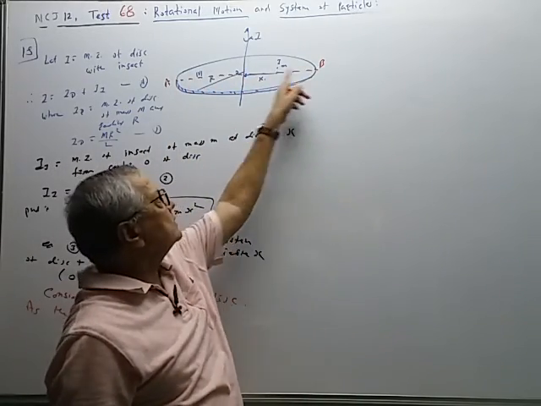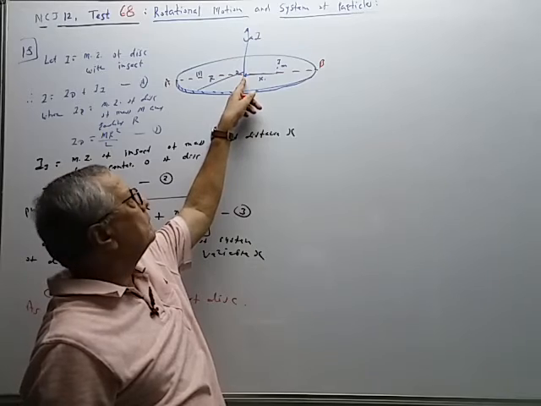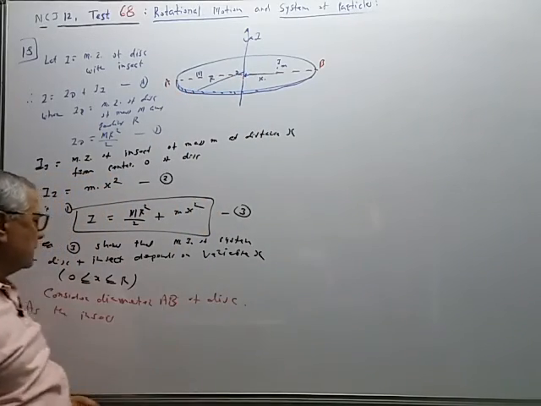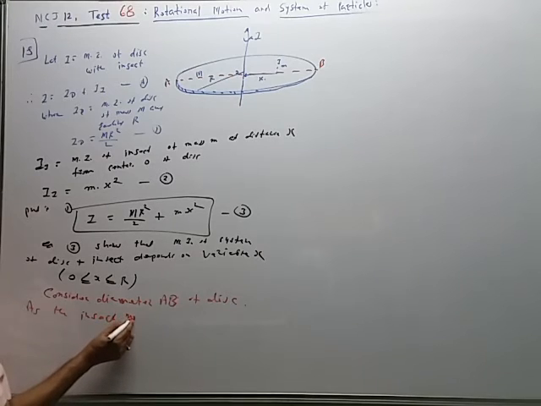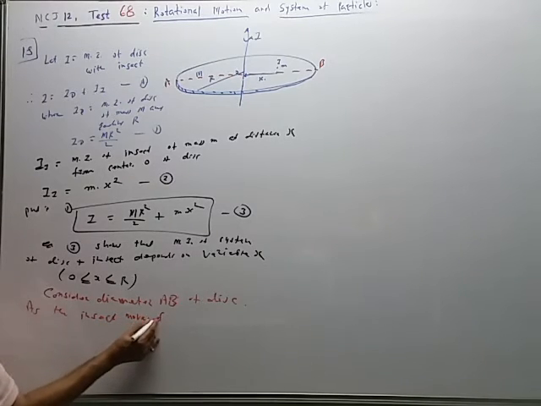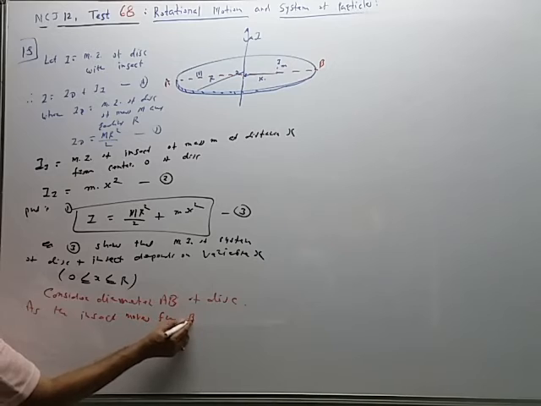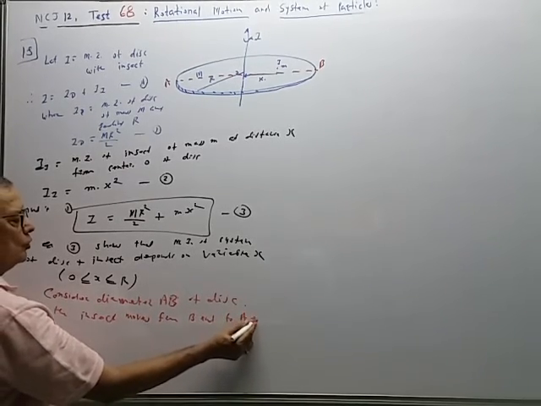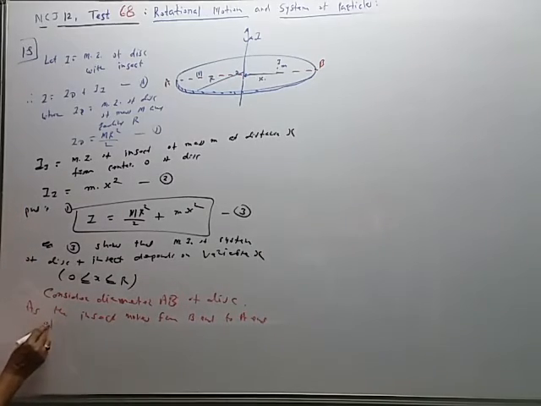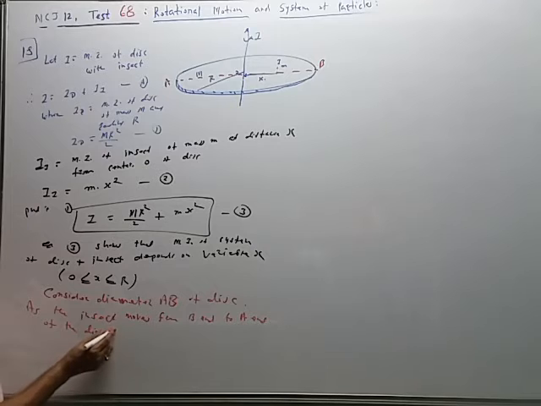So first x decreases and then again increases as the insect moves from B end to A end of the diameter.